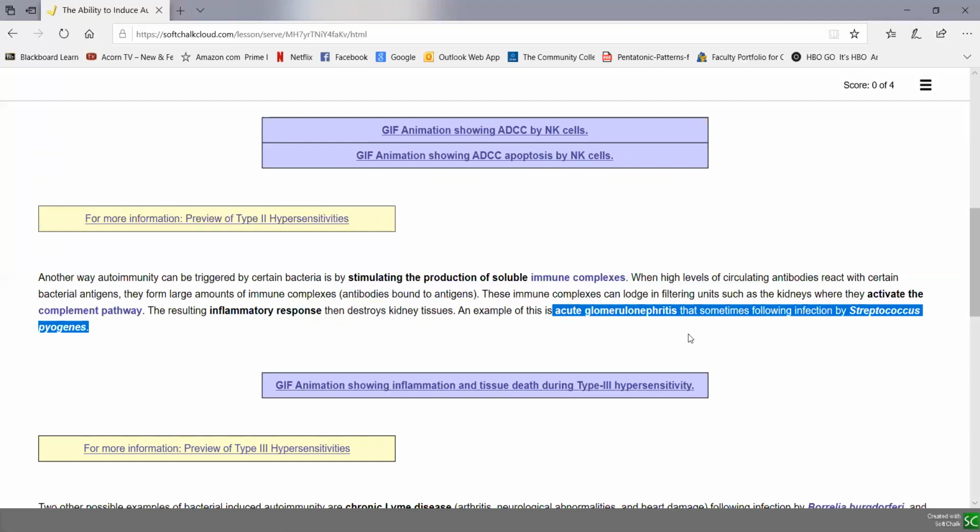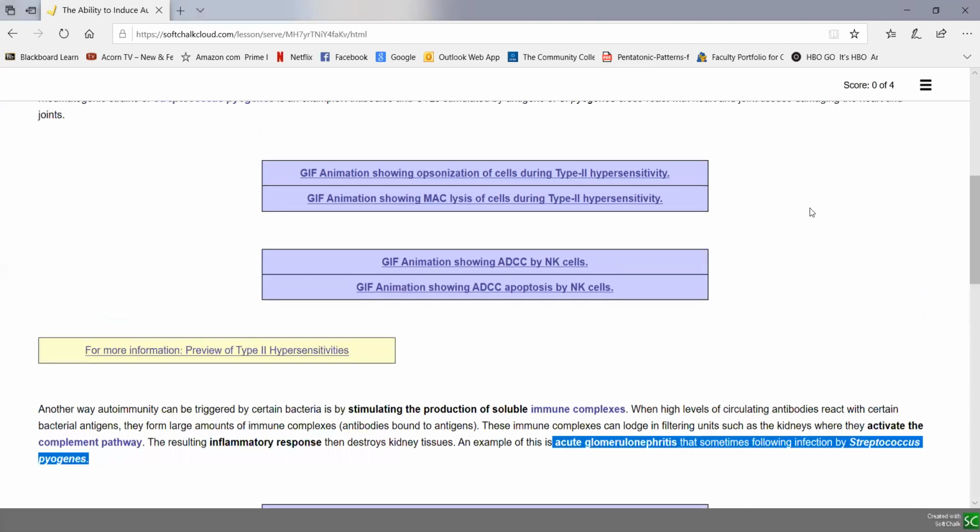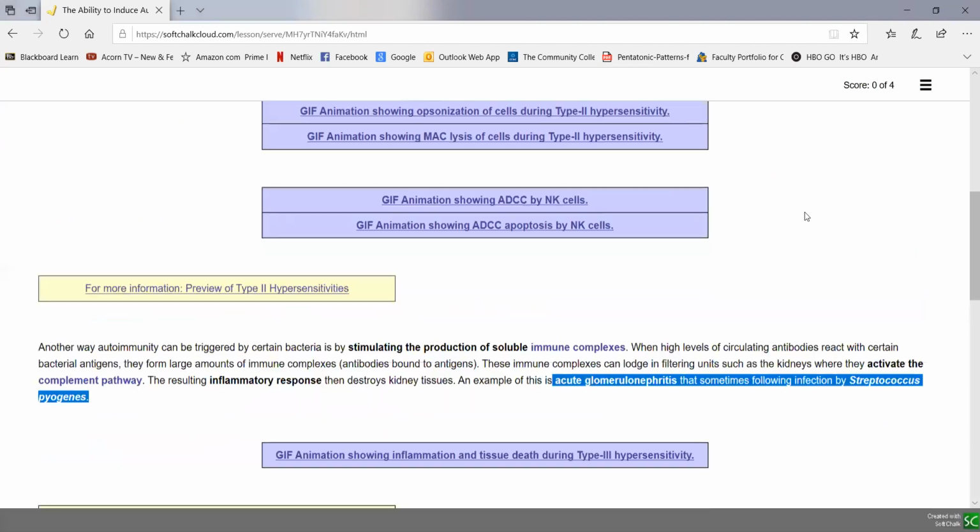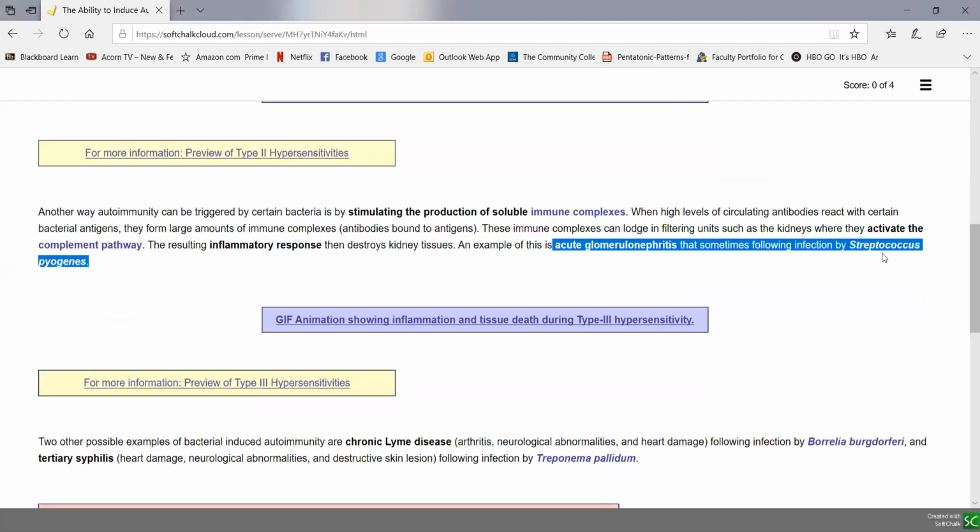So the main reason we take Streptococcus pyogenes infection seriously and we treat strep throat or streptococcal wound infection is to prevent the danger of these autoimmune diseases like rheumatic fever, which can sometimes follow strep throat, and acute glomerulonephritis that sometimes follows Streptococcus pyogenes wound infections or skin infections.